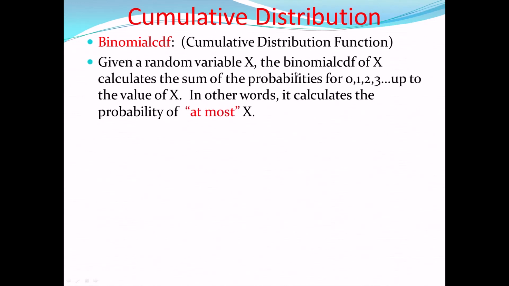What that does is it calculates, the Binomial CDF of x calculates the sum of the probabilities for 0, 1, 2, 3, up to whatever value of x you want. In other words, it calculates the probability of at most x. Well, that's what the formal definition is, and this is what comes up in your calculator. N is first, probability is second, then 0 to whatever x value you want.